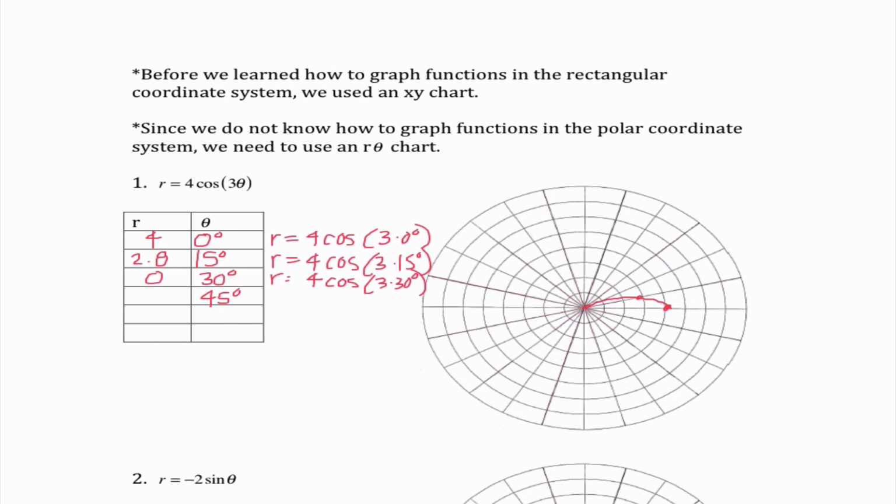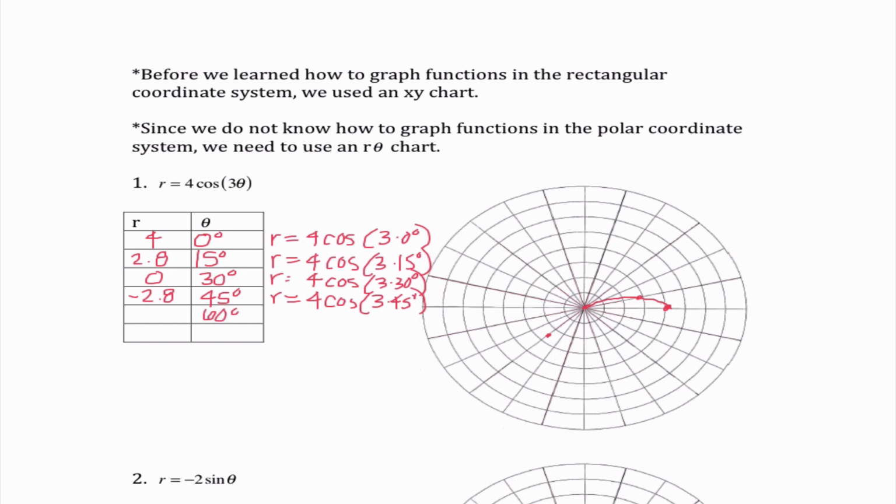So at 45 degrees, I would do R equals 4 times the cosine of 3 times 45. And when we put that in our calculator, we get negative 2.8. So that means I'm going out negative 2.8, and then I'm moving counterclockwise 45 degrees, which would put me right about here.